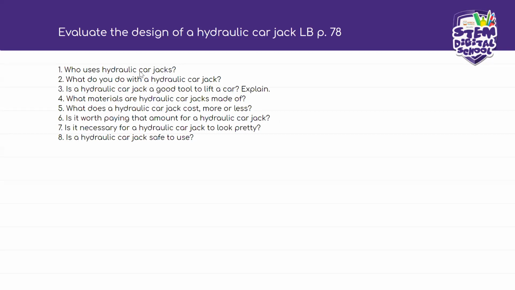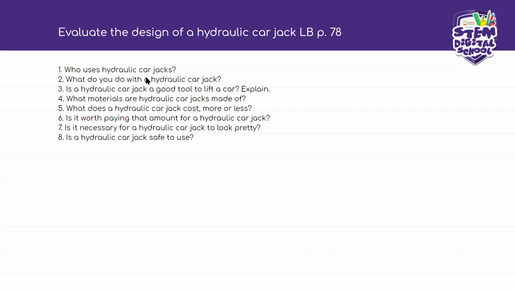Who else? Is it mechanics only? And drivers, because somewhere on the road, you can have a puncture. Then you have to get your car checked and change your tire. So the correct answer there would be mechanics and drivers or motorists.